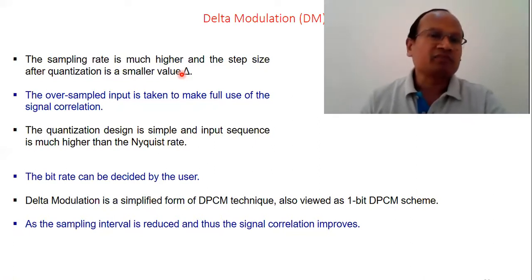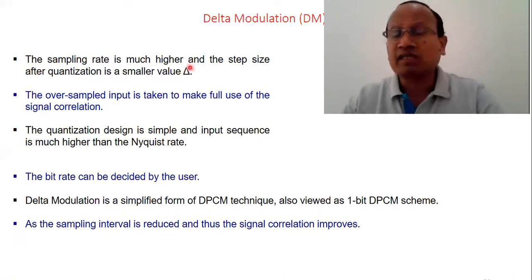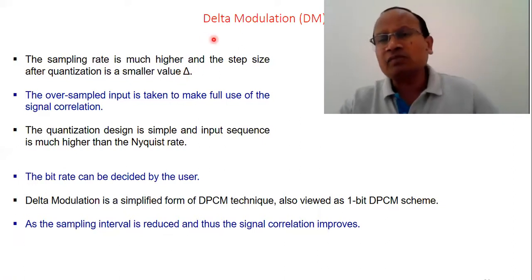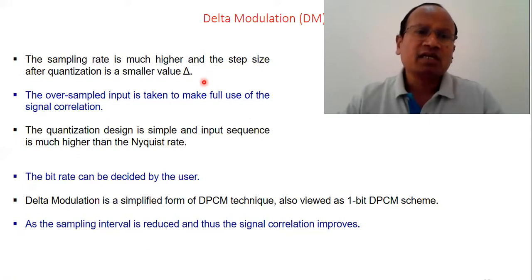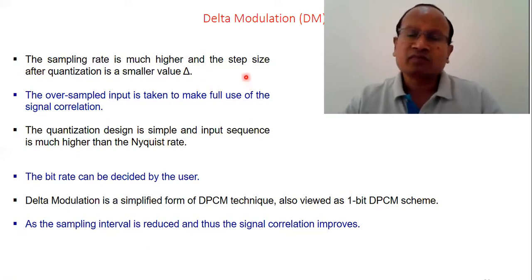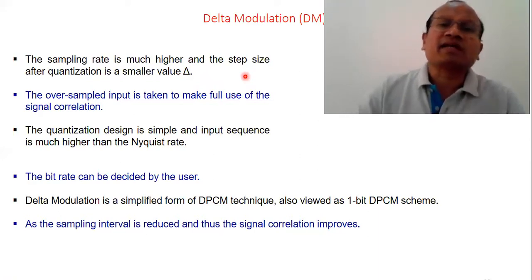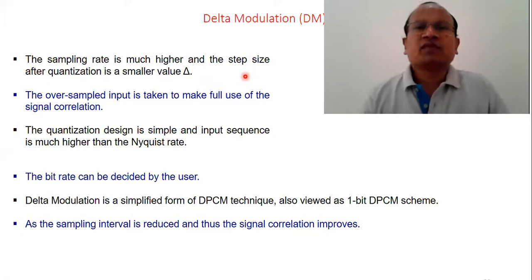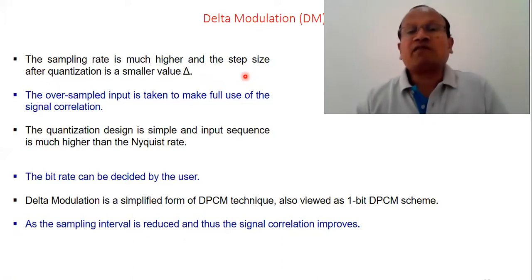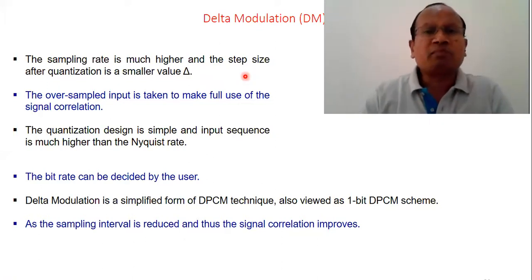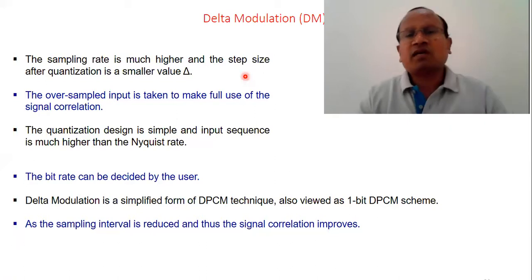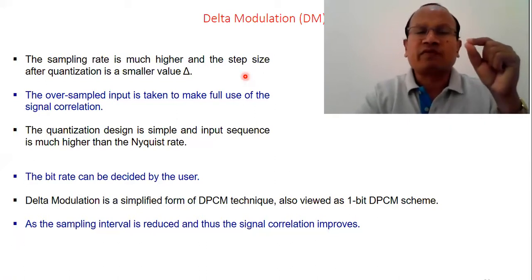That is DM. The sampling rate is much higher in DM, and the step size is very small. We have to do it because if we have more number of steps, the step size becomes very small.